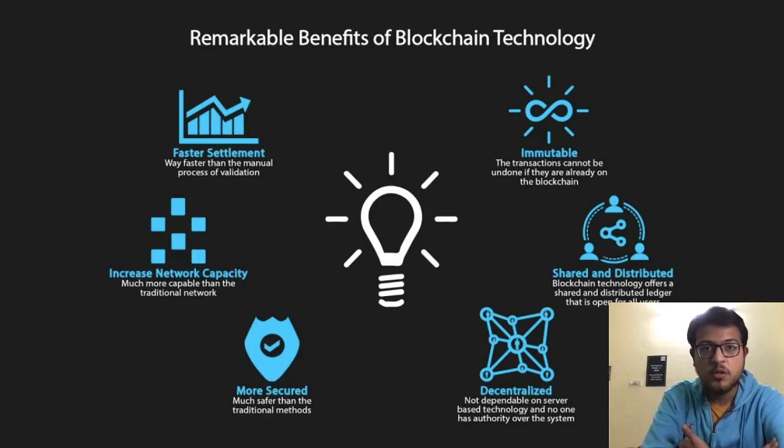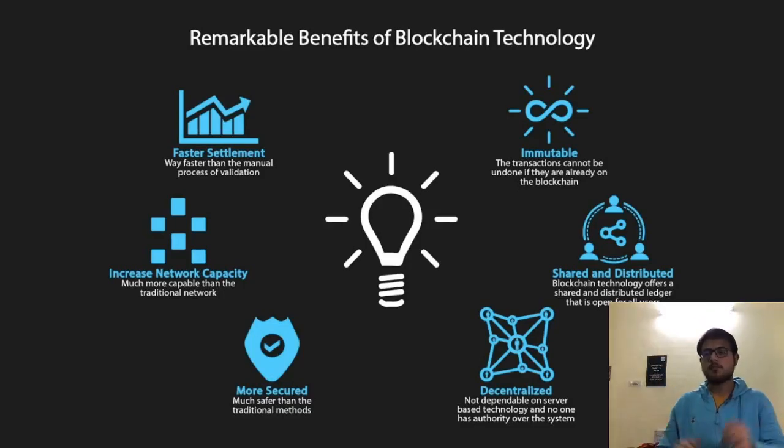It's more secure because of the cryptography involved. We checked out how we cannot remove things from it or change it, and how it's decentralized so that nobody is in control. No single entity is in control of the whole system. It's shared, meaning everyone has their own copy of the ledger, and it's immutable, so transactions already on the blockchain cannot be changed.